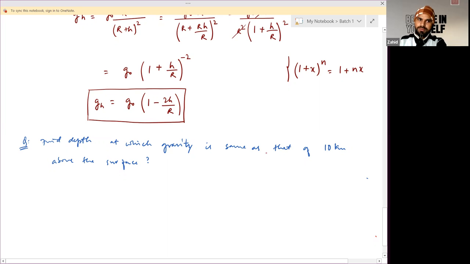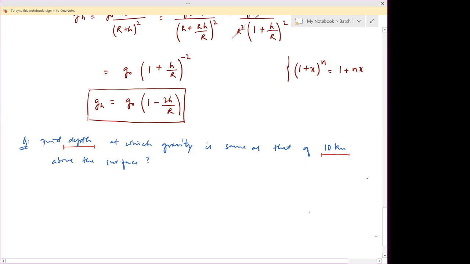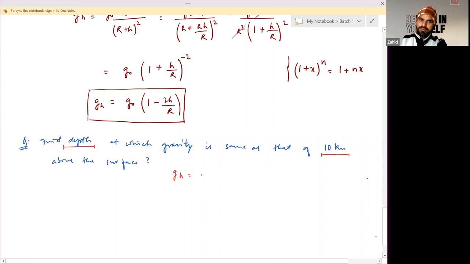Just see how to approach this problem. We have to calculate the depth at which gravity will be the same as at this much height. So is this particular value smaller than 100 kilometers or larger than 100 kilometers? Smaller. So we can write gravity due to height equals g naught times 1 minus 2h by R, since this height is less than 100 kilometers.